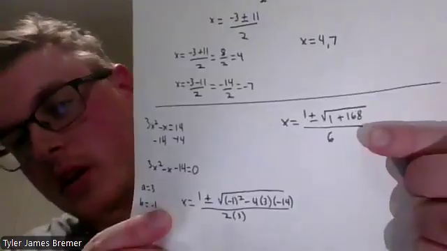So x equals 1 plus or minus the square root of 1. Negative 1 squared is 1. And then negative 4 times 3 is negative 12. So negative 12 times negative 14 ends up being positive 168, because remember the double negative. And 2 times 3 is 6, so it's all over 6.